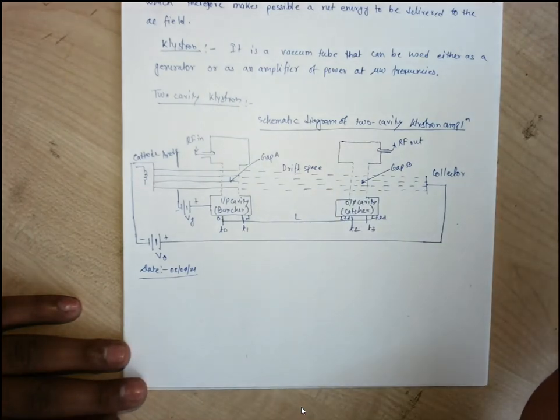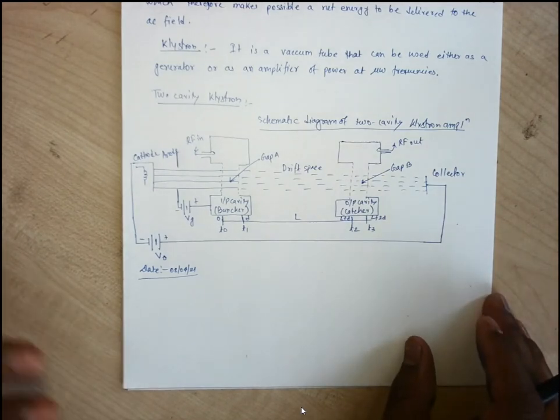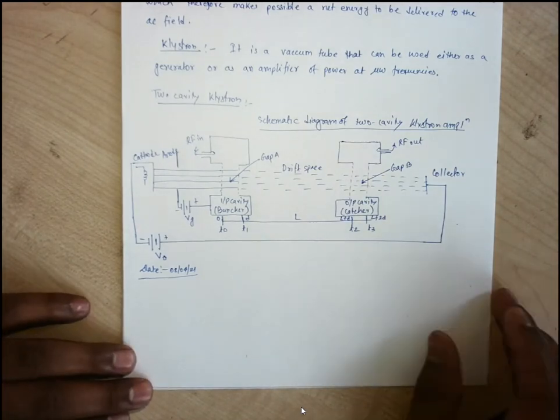So let us see, for a single cycle, how these bunches are formed depending upon the velocity when they have been accelerated and decelerated.